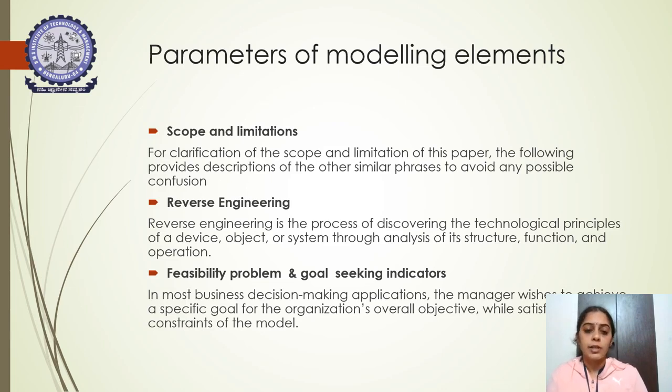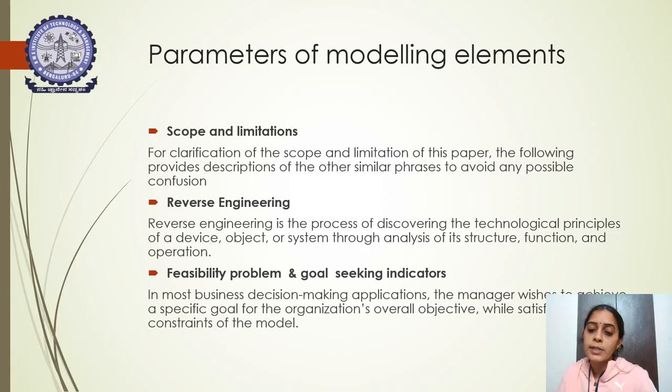Then the reverse engineering. Reverse engineering is a process of discovering the technological principles of a device through analysis of its structure, function, and operation. Is reverse engineering feasible for this particular product we have designed or not? That also will be checked. Not all products can be done with reverse engineering.